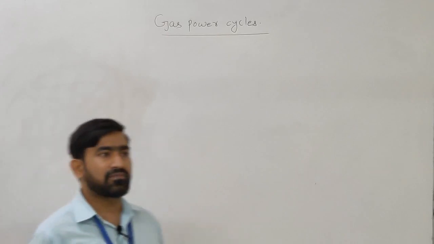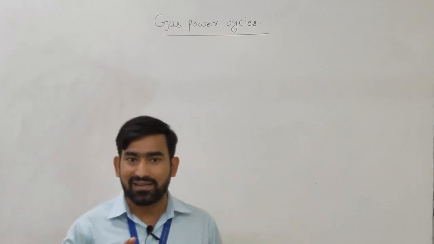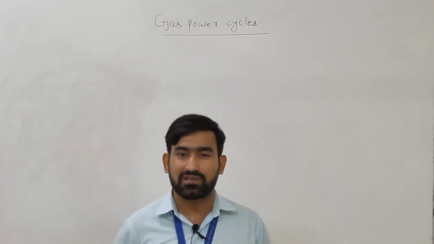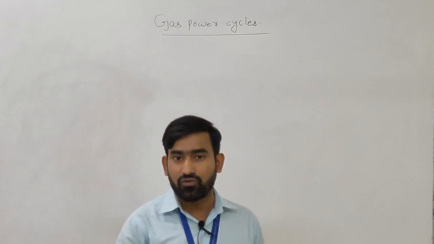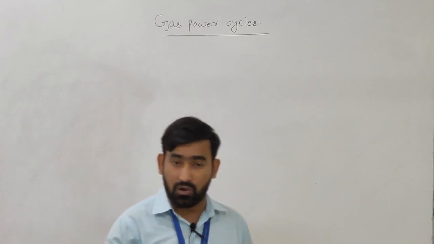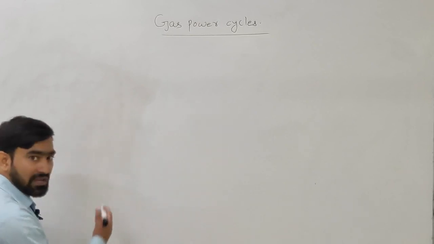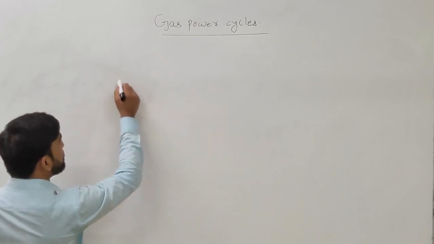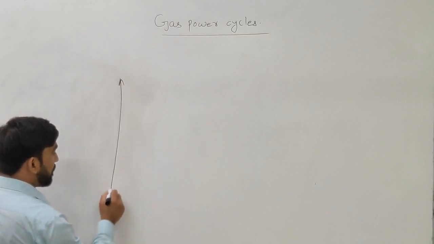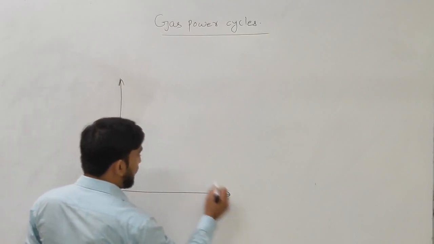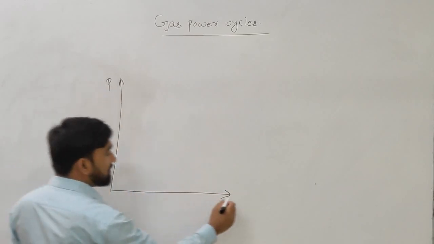We will draw the PV and TS diagrams for the polytropic process, by which we would draw your attention towards all the gas power cycles. So let us discuss the polytropic PV diagram and polytropic TS diagram.